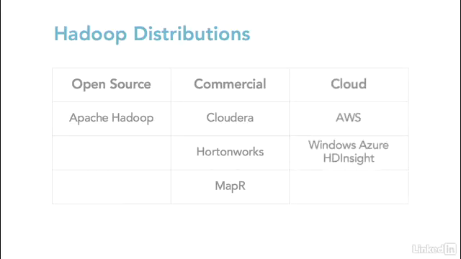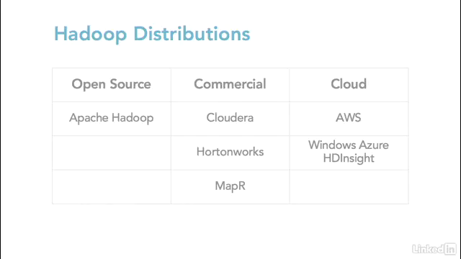In addition to that, it's quite common for businesses to use Hadoop clusters on the cloud. The cloud distributions that I use most often are from Amazon Web Services or from Microsoft with Windows Azure HDInsight. Now here's where it gets a little bit confusing, so let me clarify.